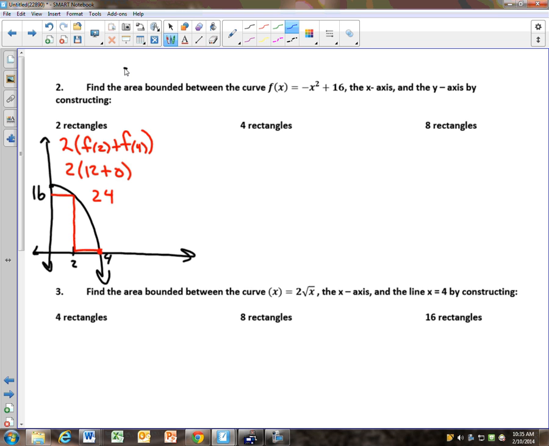Okay. So what's our width this time? Our width is 1 times the sum of the heights.